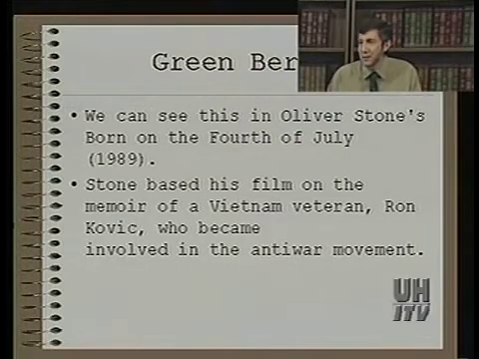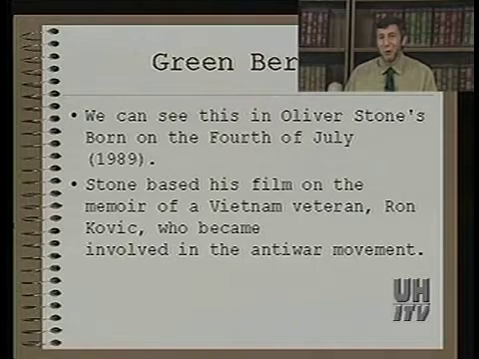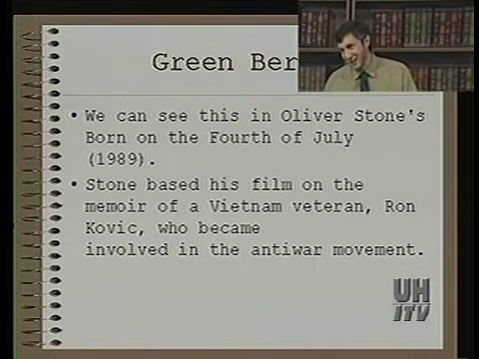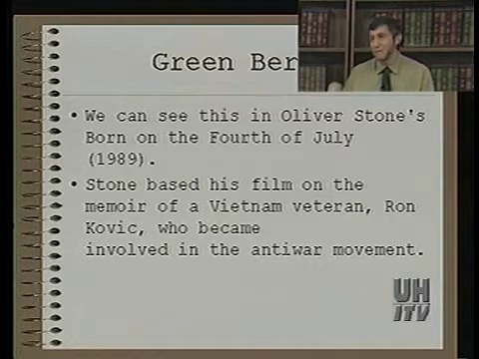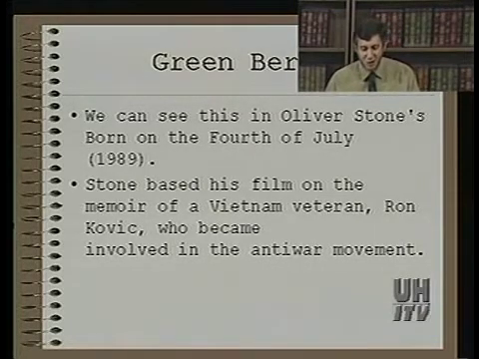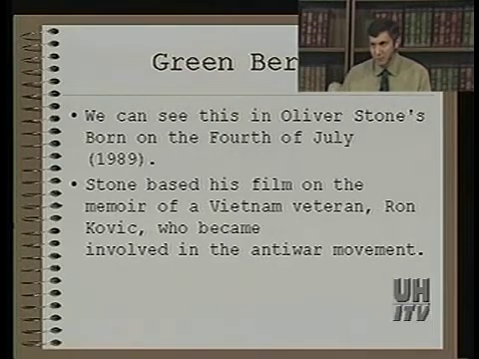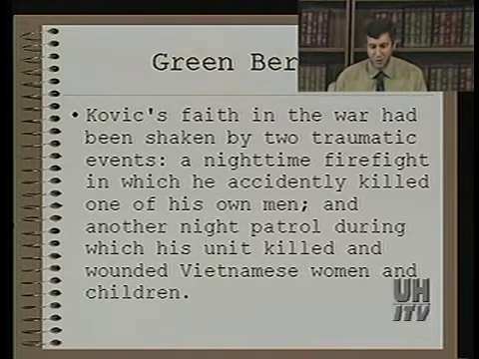Now let's take an example before we go on, and that is Oliver Stone's Born on the 4th of July, a 1989 film. It was a film based on the memoir of a Vietnam vet, Ron Kovic, who was paralyzed in the Vietnam War and who became active in the anti-war movement.